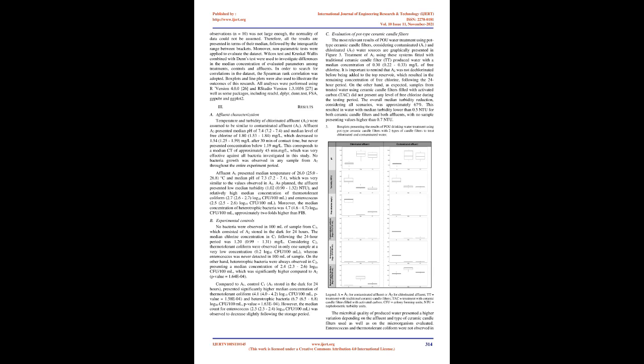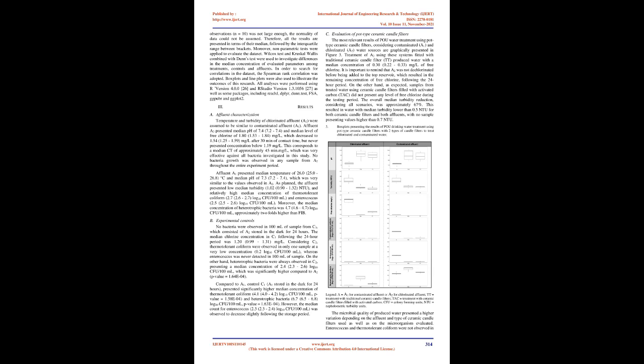B. Experimental controls. No bacteria were observed in 100 ml of sample from C3, which consisted of A2 stored in the dark for 24 hours. The median chlorine concentration in C3 following the 24-hour period was 1.20, 0.99 to 1.31 mg/L. Considering C2, thermotolerant coliform were observed in only one sample at a very low concentration, 0.2 log 10 CFU/100 ml, whereas enterococcus was never detected in 100 ml of sample.